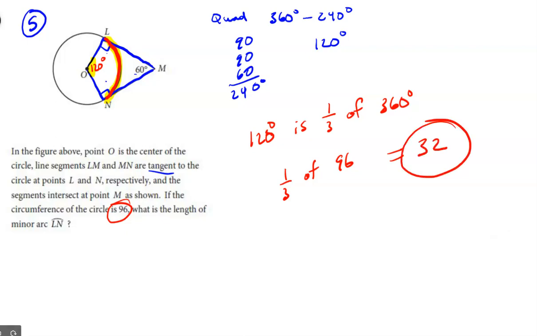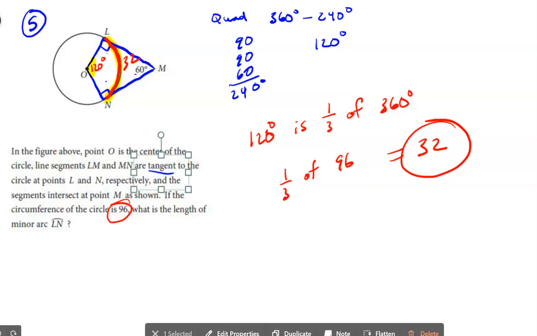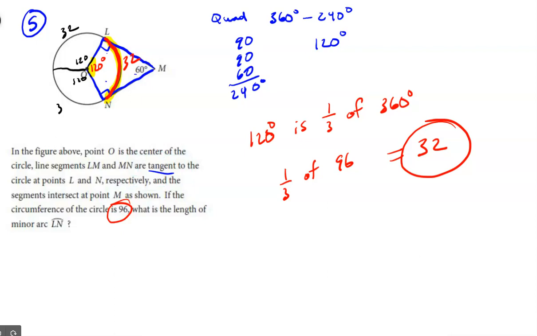So I think the length of the minor arc is going to be 32. Because if I went further and did another 120 and another 120, and then another 32, another 32, that would be a full circumference of 96.